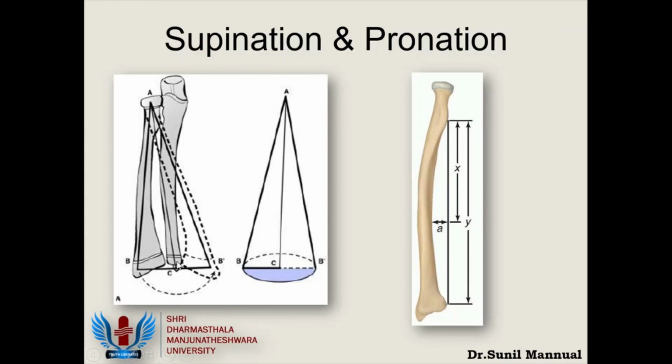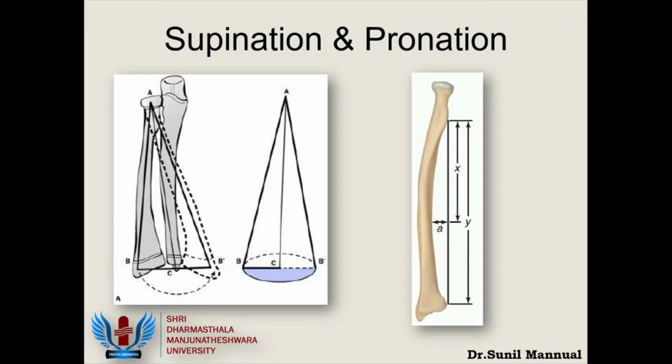And therefore, whenever I deal with a patient with a superior radioulnar joint injury or an inferior radioulnar joint injury or a radius ulna fracture, my first and biggest aim is not just to heal the fracture and get anatomical reduction, but also to get as much supination and pronation as possible. So that is the most important thing that I want you to realize.